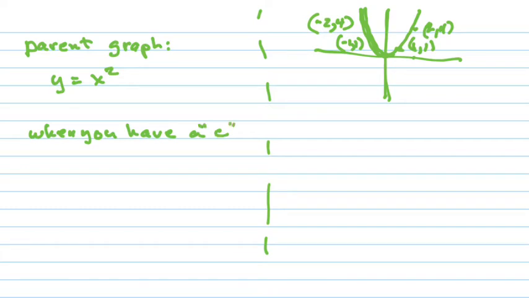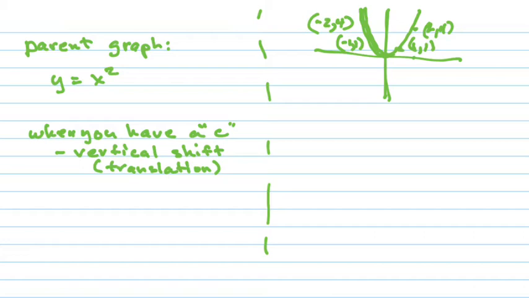Okay? And remember, C means the thing that's added at the end, right? So when you have a C, what's going to happen is that's going to give you a vertical shift. Now, this is known as a translation. All of these are translations, but it's a vertical shift. And vertical means it's going up or what? Down.